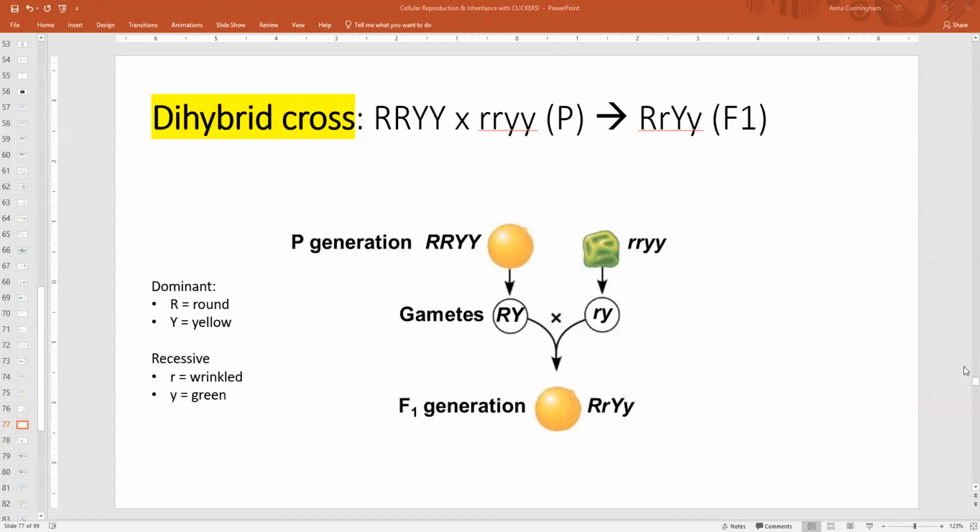That's two different traits, basically like shape or texture, round, and color, yellow. And on the right, you see a different seed or pea that is green, so a different color, and has a different texture or shape, which is wrinkled. So you're looking at two traits, color, yellow versus green, and shape or texture, which is round versus wrinkled.